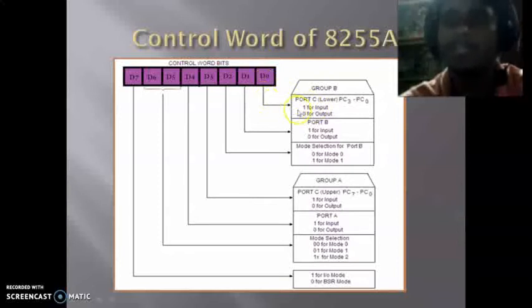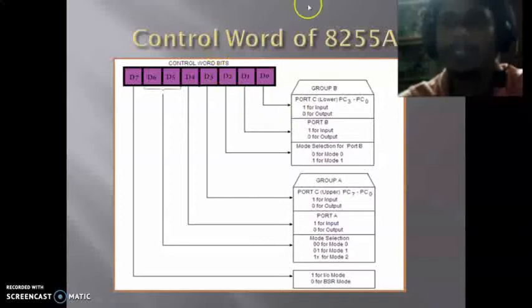If D0 is 1, then it can be used as input, and if it is 0, then port C lower can be used as output. So this is used for port C lower. If we write 1 here, then it can be used as input. If we write 0 here, then it can be used as output.